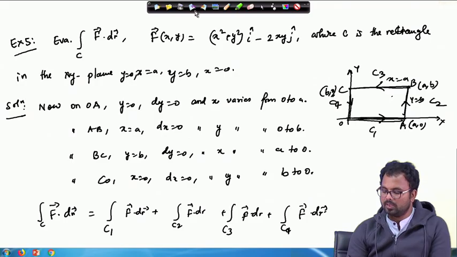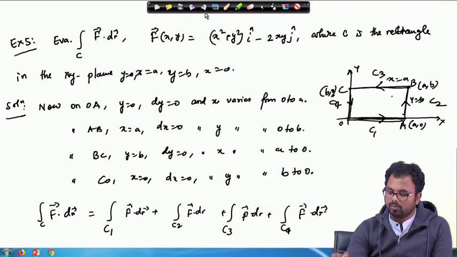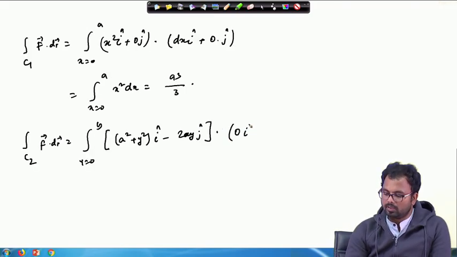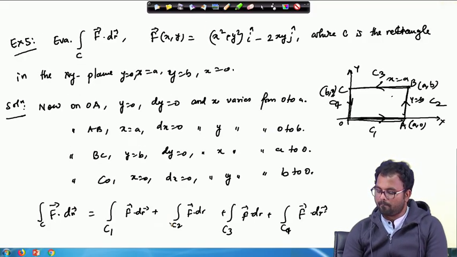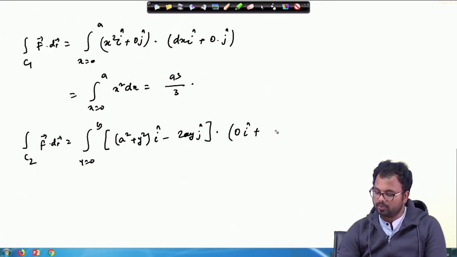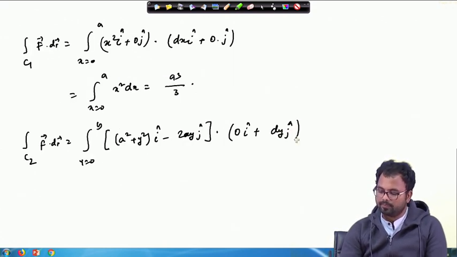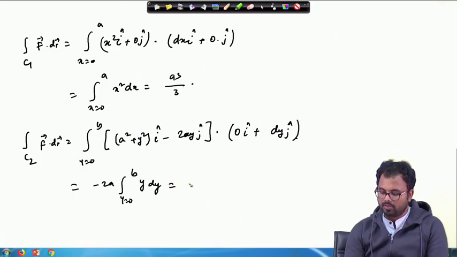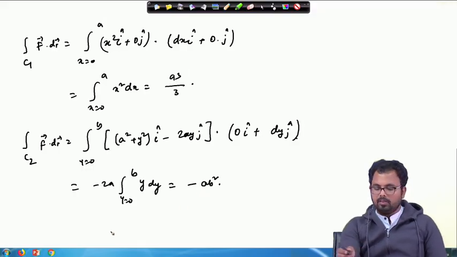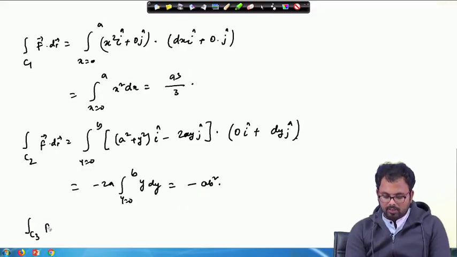What will be dx? dx is 0, so we have 0 i plus dy j. When we take the dot product, this will be minus the integral of 2ay dy with y running from 0 to b. So, this is ultimately minus a b square.